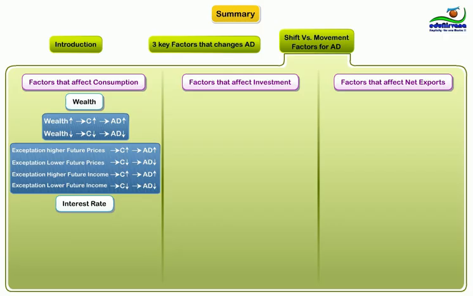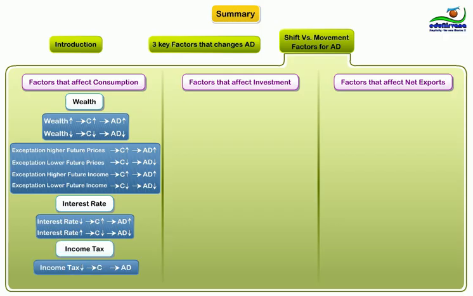Interest rate. Interest rate decreases, consumption increases, aggregate demand increases. Interest rate increases, consumption decreases, aggregate demand decreases. Income taxes. Income taxes decrease, consumption increases, aggregate demand increases.